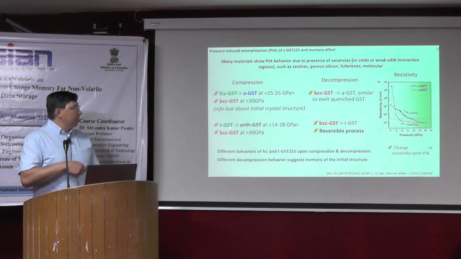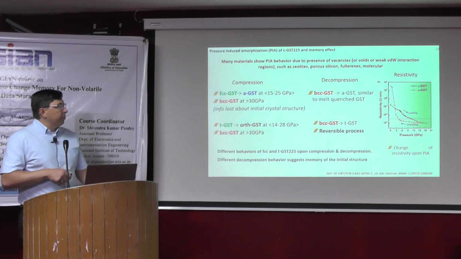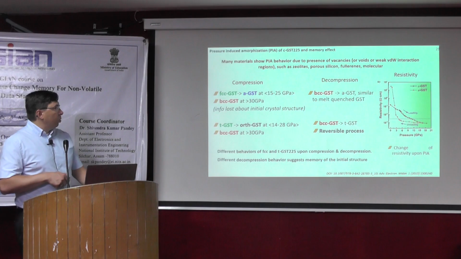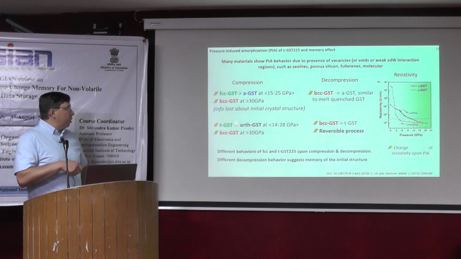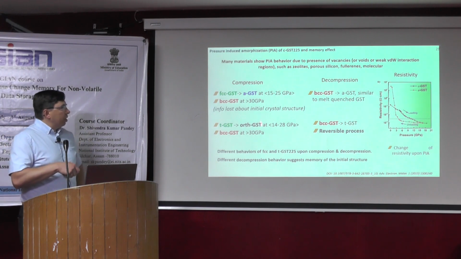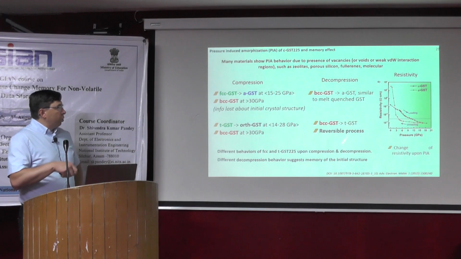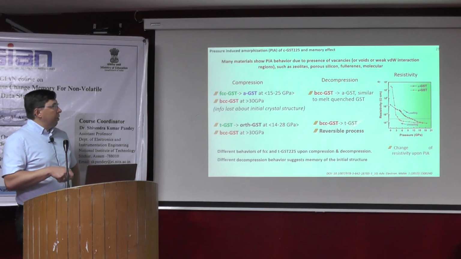So this is a reversible process, and this is the so-called memory effect in this phase. Somehow this phase knows about the previous crystalline phases, and then it reverts back to the TGST.